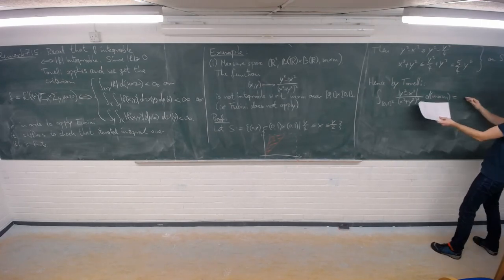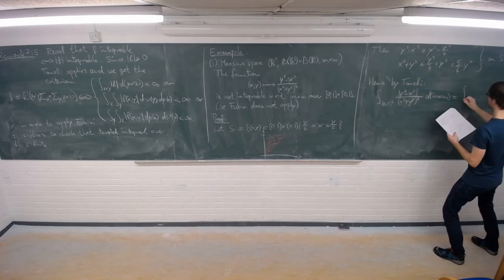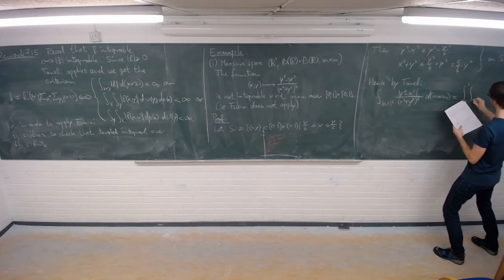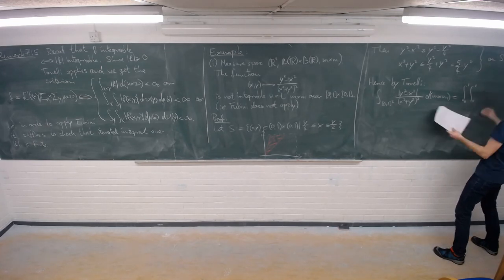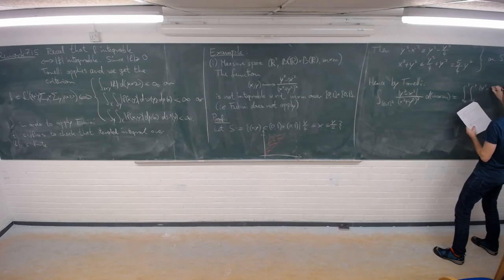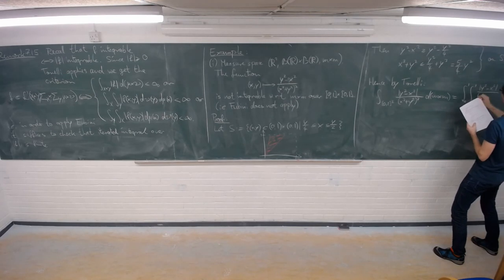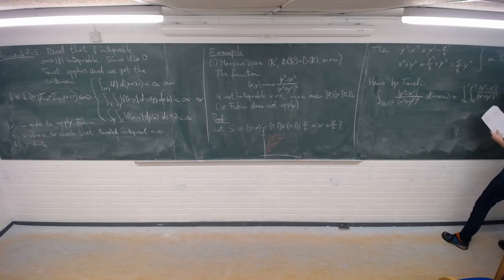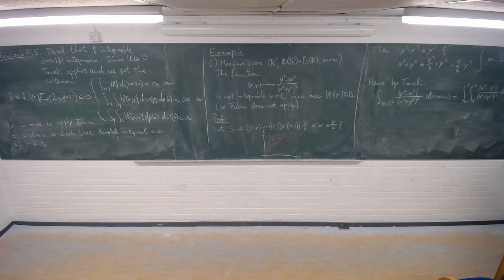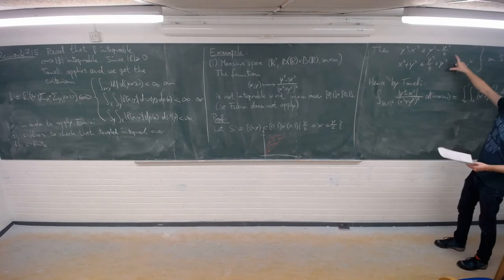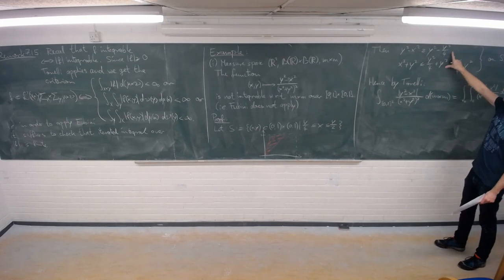So this integral is the same as the iterated integral, integral 0 to 1, integral 0 to 1 over the same function, y squared minus x squared divided by x squared plus y squared, squared, dm of x dm of y. And now we use these two inequalities.